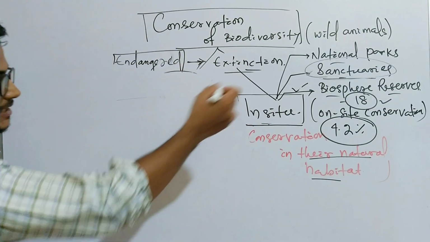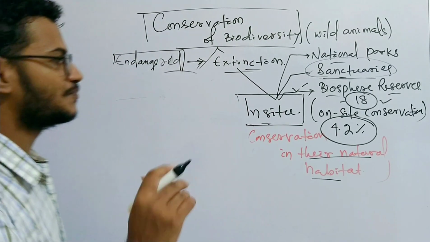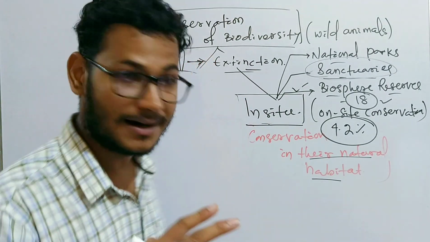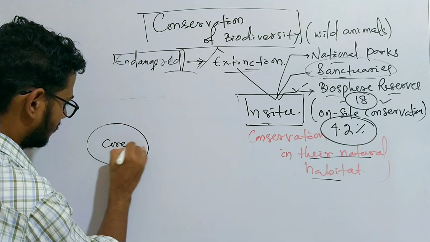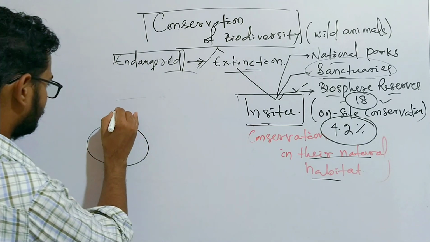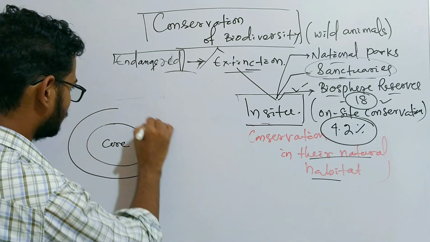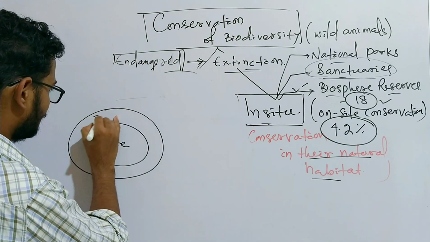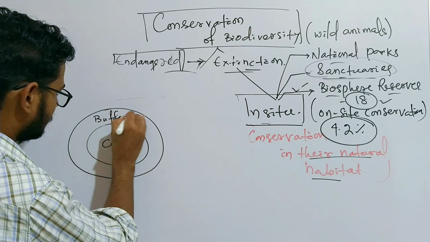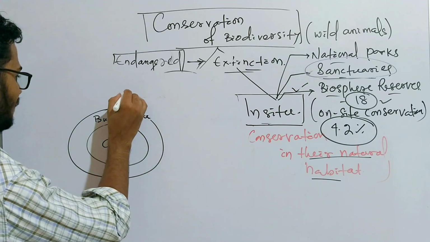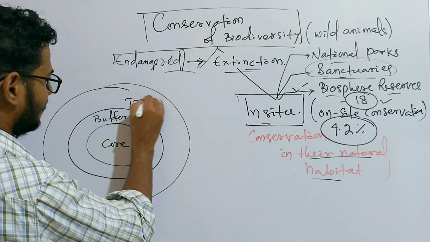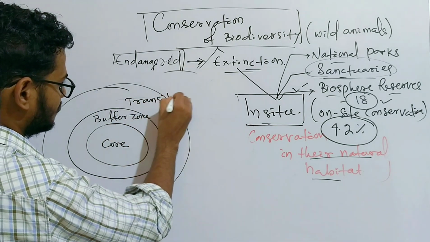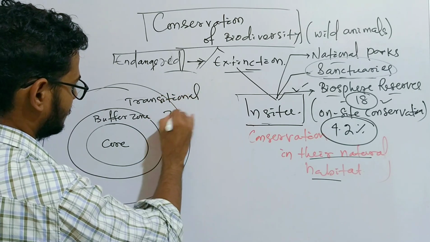So my dear friends, the biosphere reserve has specifically three different layers. At the center, it is the core zone. Then, peripheral to the core zone, it is the buffer zone. And finally, there is a transitional layer, or the transitional zone.